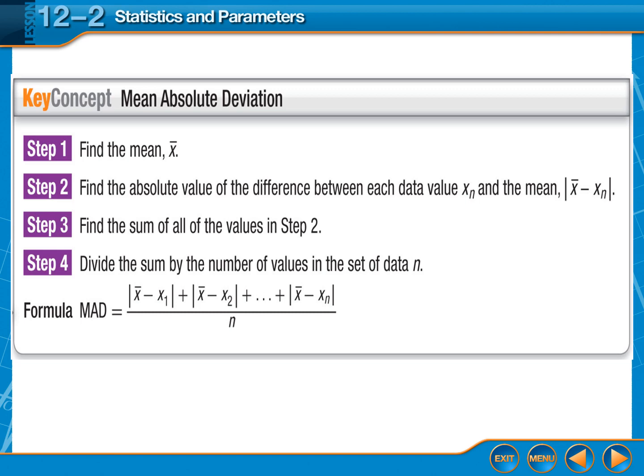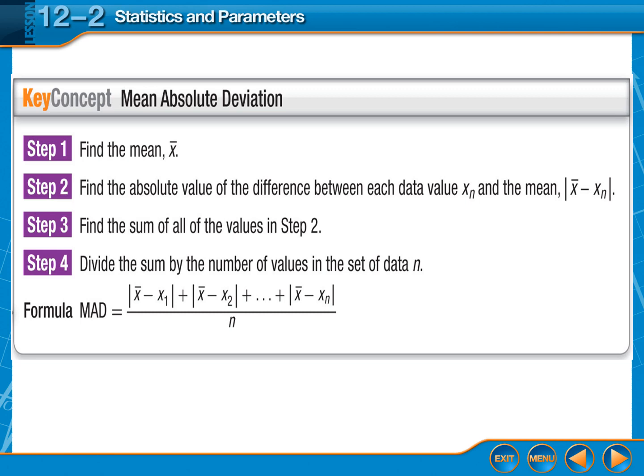Then step 4, you divide the sum from the previous step. Sorry for being confusing. Once you add up all of the differences, you take that number and divide it by the total number of data points.